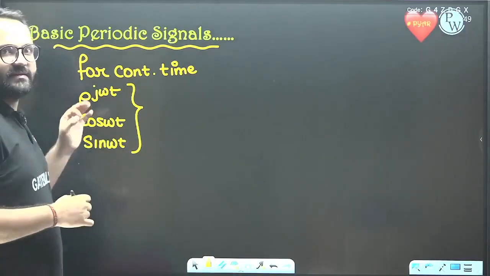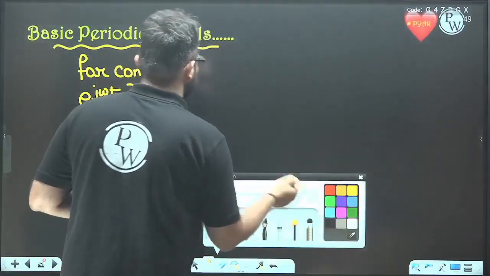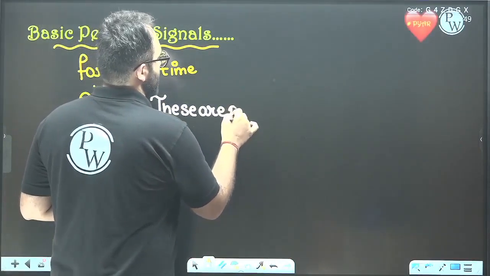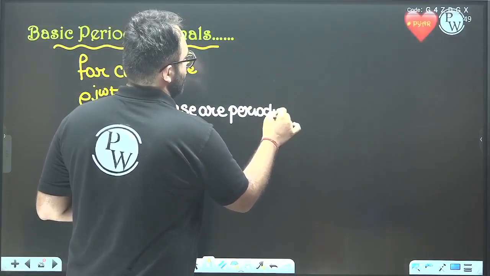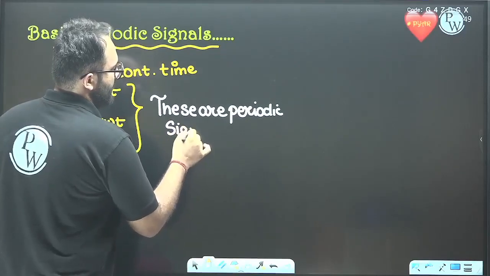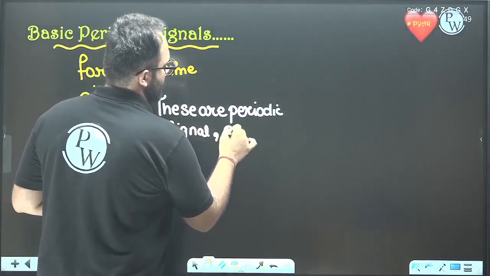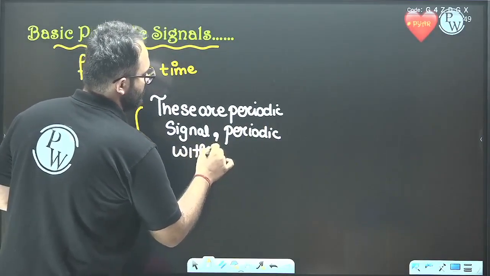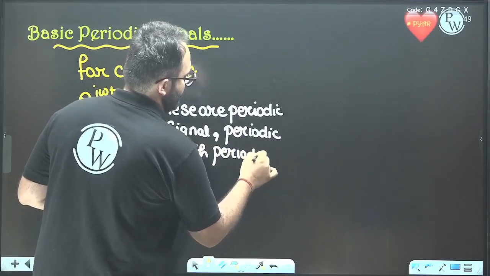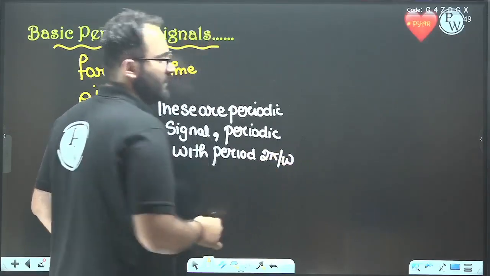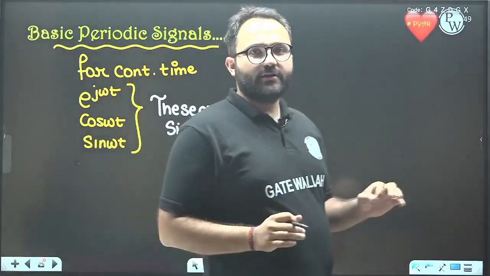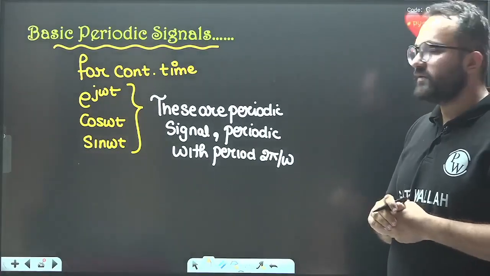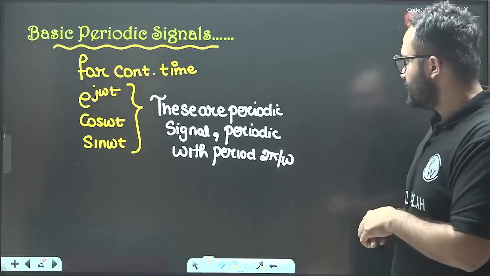Always remember that these are periodic signals, and they are periodic with period 2 pi by omega. Always remember this.